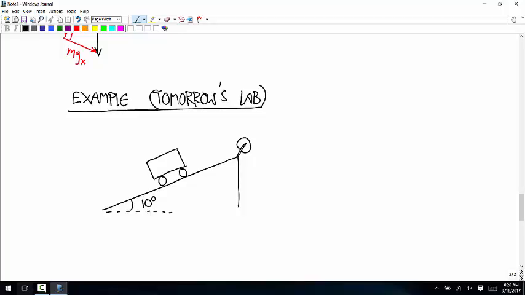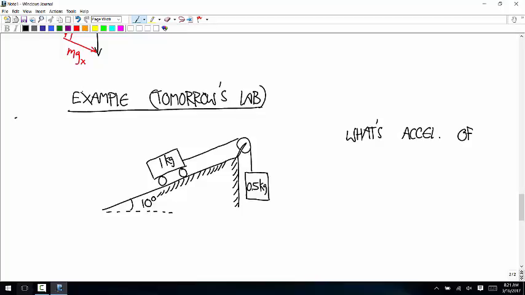You have one cart rolling here. Let's say that has a mass of 1 kilogram. And then you have a mass of 0.5 kilograms there. What's the acceleration of the rolling cart?